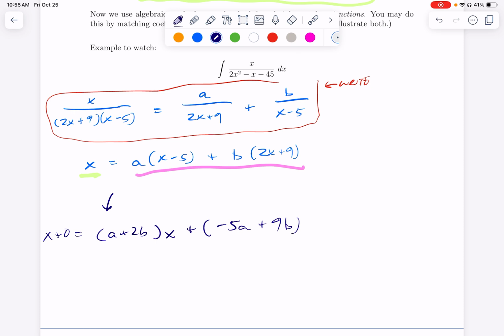So essentially, the coefficient in front of x over here should be the same as the coefficient in front of x over here. Right? They are the same line. So if they are the same line, they have the same slope. And the y-intercept should be the same. The y-intercept here is 0. The y-intercept here is negative 5A plus 9B.